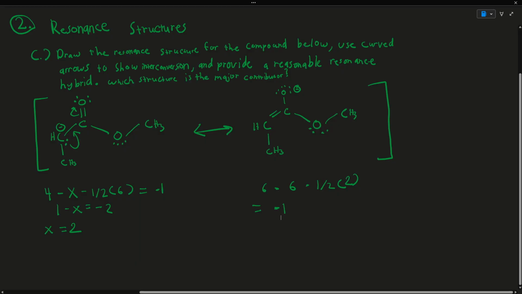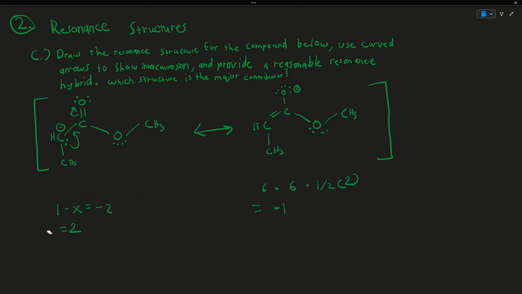So next, let's determine which of these is the major contributor, right? And also draw the resonance hybrid for that. And so just remember what I said with the resonance hybrid, right? You're going to want to show a dotted line for any bonds that are being formed, okay?